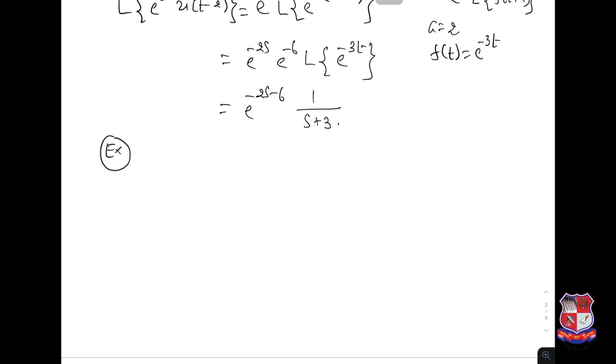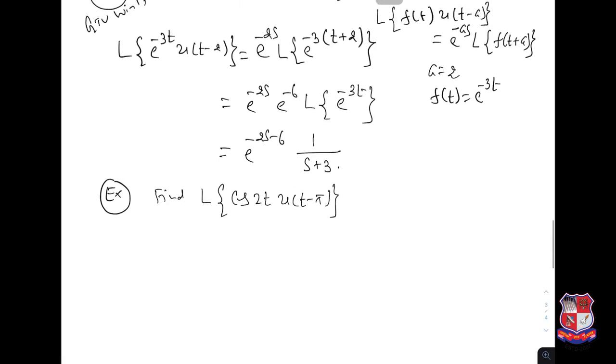Now find Laplace transformation of cosine 2t u of t minus pi. Same result here.